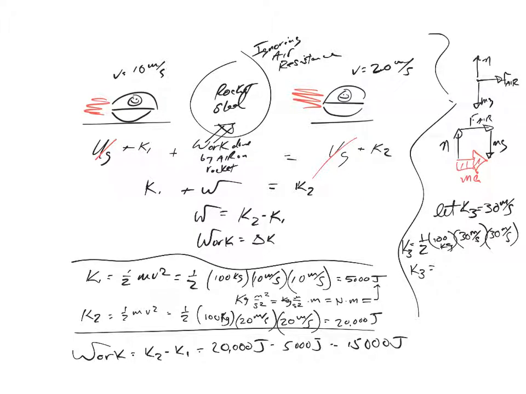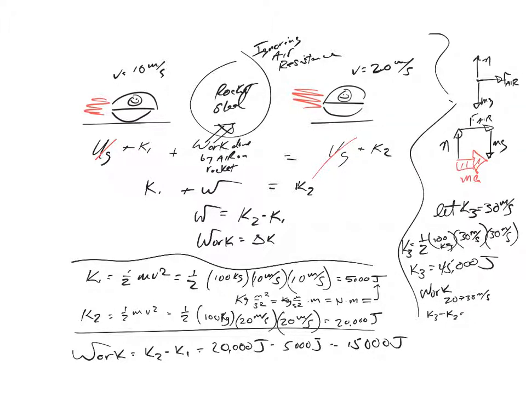45,000 joules. And you subtract K2 from that. So the work to go from 20 to 30 meters per second would be K3 minus K2, which is 25,000. What'd you say it was? 25,000.